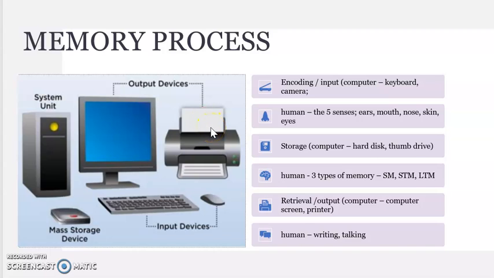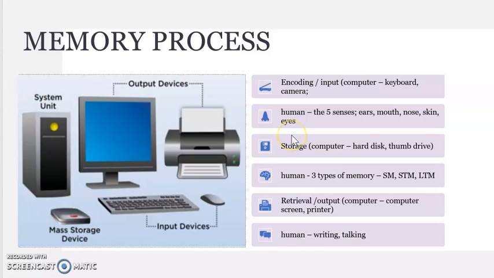For a computer, we receive all the information, encoding all the input through the keyboard and camera. But for humans, we receive all the input through our five senses, which are through the ears, mouth, nose, skin, and eyes.